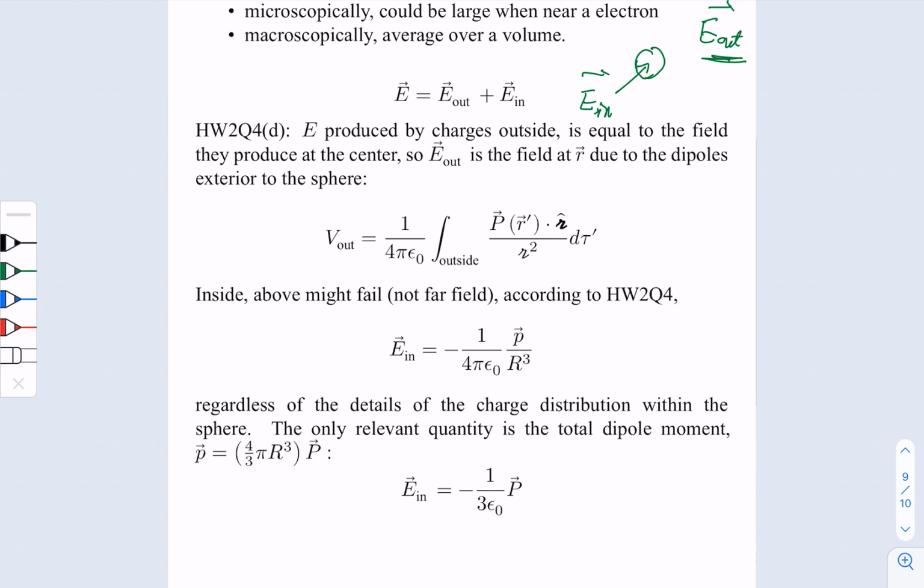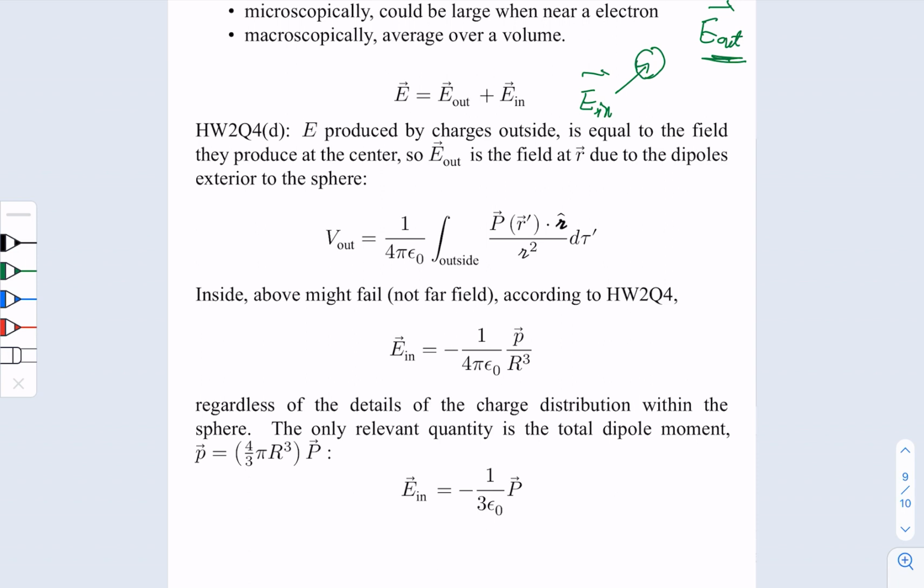The other part is proved in homework question D, and what's left over is the E field due to the charge distribution inside of this sphere.